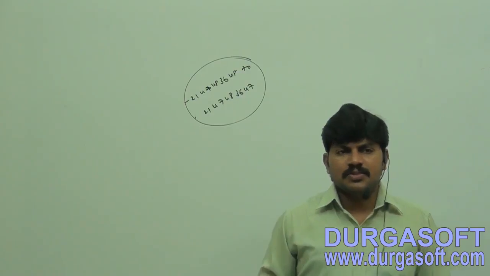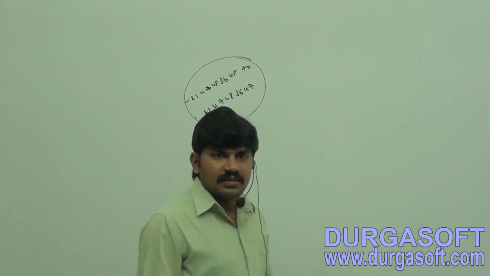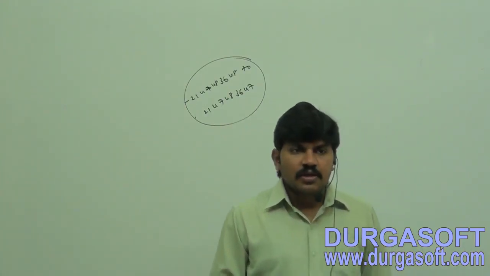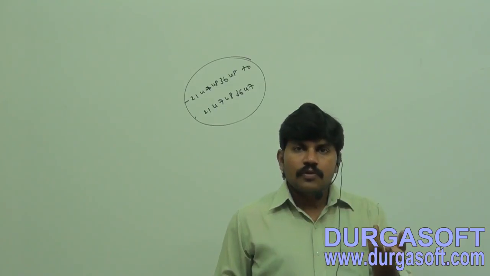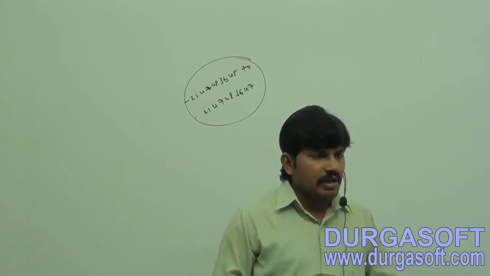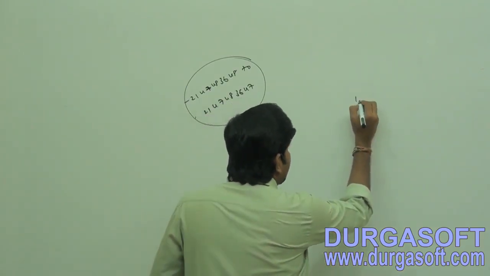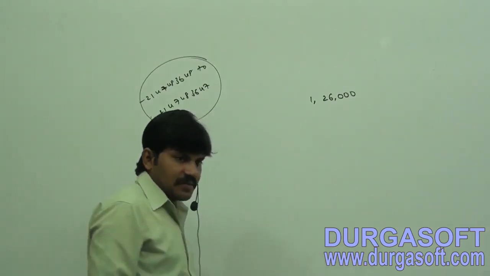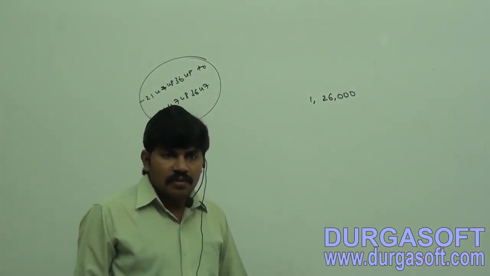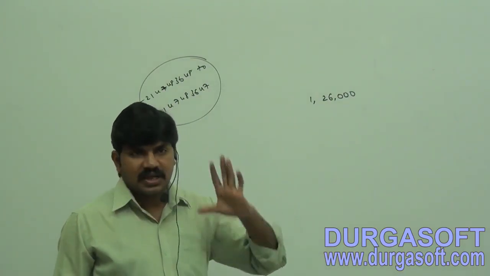Can you tell what the light speed is? 3 into 10 power 8 meters per second, which if you convert into miles is about 1,26,000 miles per second. Per second, how many miles can light travel? 1,26,000 miles per second.